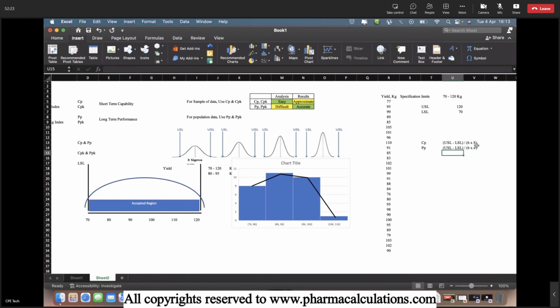Here the capital S refers to the sample standard deviation, because for CP and CPK we use only the sample data. And sigma is the population standard deviation.